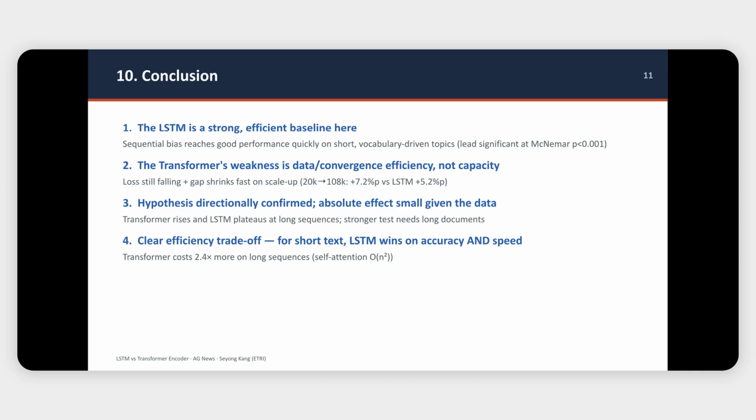Fourth, the transformer costs 2.4 times more on long input. So for short text, the LSTM is practical in accuracy and speed. For long or complex text, or with plenty of data, the transformer may do better. Thank you.